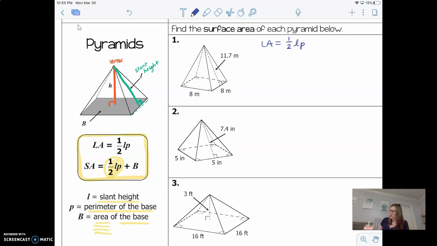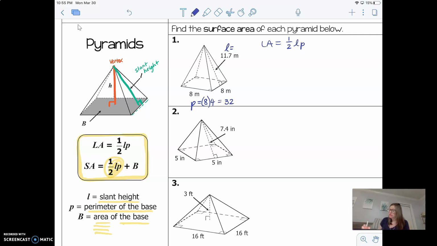Well, that's going to be the slanty piece here, 11.7. What's my P, perimeter of the base? Well, we should probably calculate that. You'll notice that this base is a square. So this is a square pyramid. So that's going to be 8 plus 8 plus 8 plus 8, also known as 8 times 4. So the perimeter is 32.